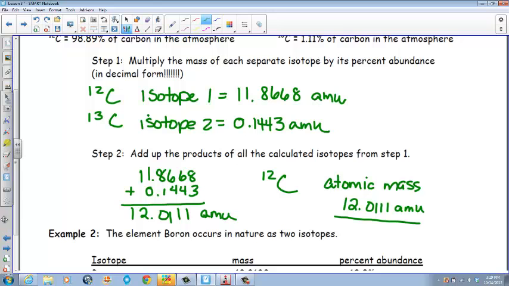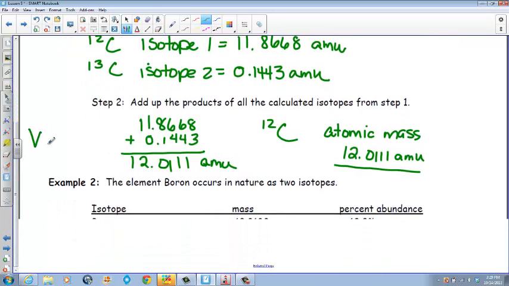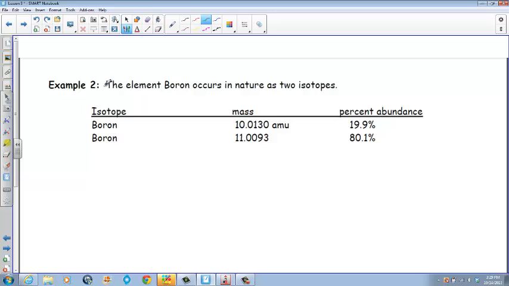And that is where we get that decimal, weighted average mass. We can also call that WAM, if that helps. Weighted average mass. So let's do another example, and the more we do, the easier it will get. I say that a lot. Practice makes perfect. So let's look at boron.